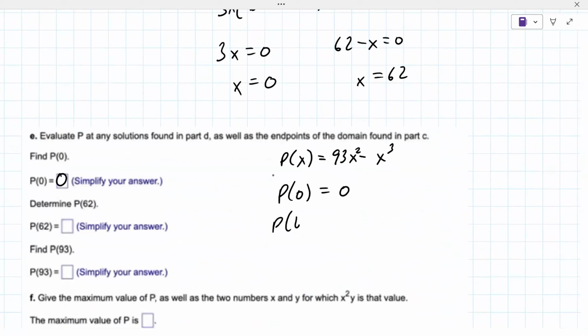P of 62, we're going to evaluate that. So that's 93 times x squared minus x cubed. Big number, 119,164. And then P of 93 equals 0 again.